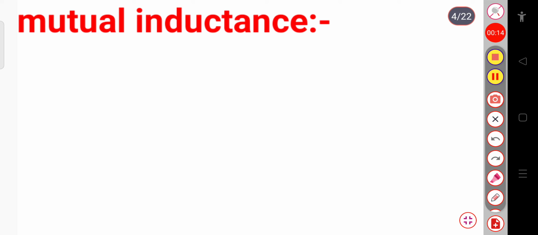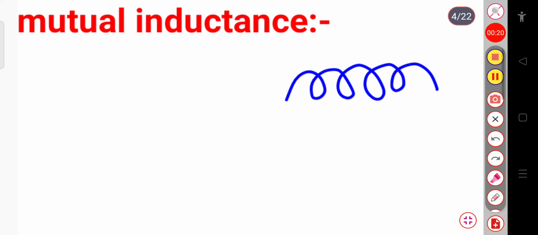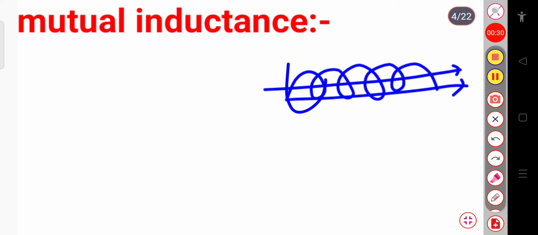We have already discussed mutual inductance. If there is a current in one coil, then because of this current flowing through the coil there will be a magnetic field, and suppose there is another coil, insulated, next to it.